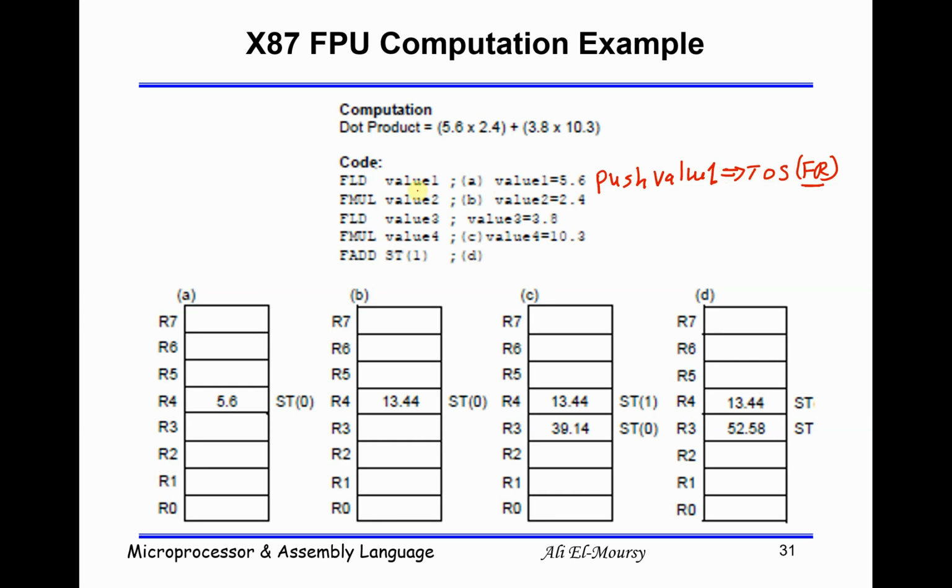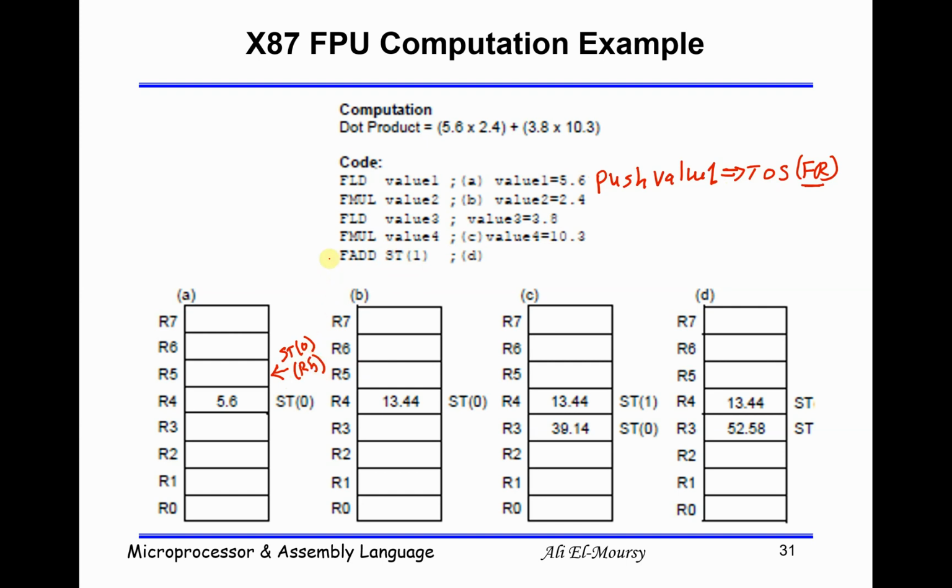In this example, maybe it is not shown, the register ST0 was originally pointing here. ST0 originally is pointing here, that has the value of R5.